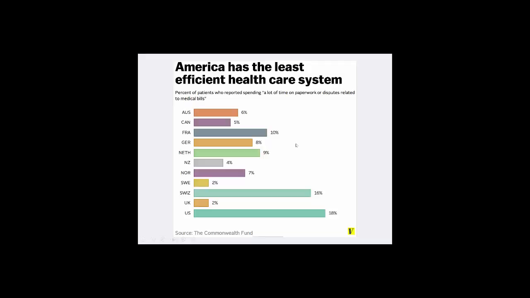When we think about inefficiencies in the U.S., consider the percent of patients who report spending a lot of time on paperwork or disputes related to medical bills. In these other nations where medicine is for the most part socialized, there's not a whole lot of paperwork the patient has to worry about.